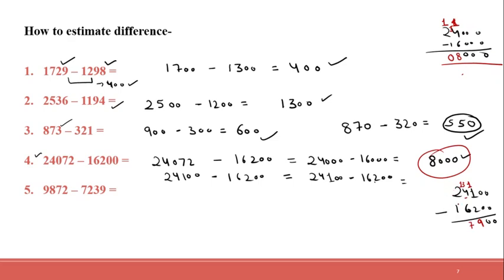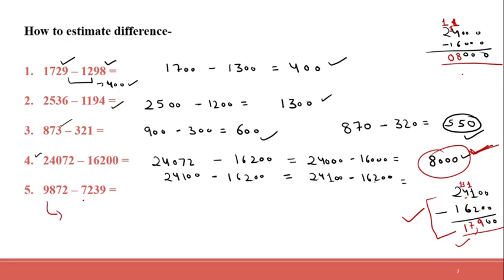Here only 1 left. 1 minus 1, 0. Because this calculation is taking time, that's why we do the rough estimate this way. Although it will not be as precise, it will not be much calculative. Okay, that's how estimation comes handy at times, right?